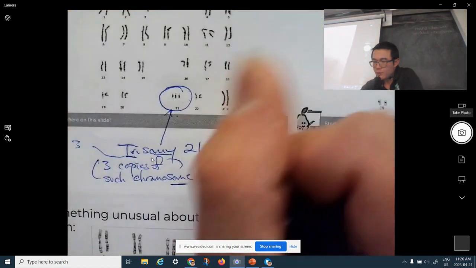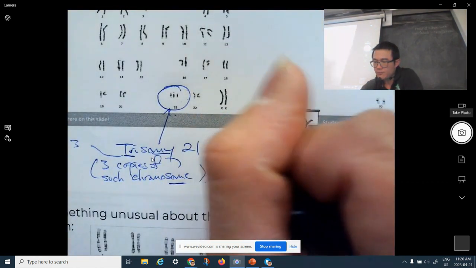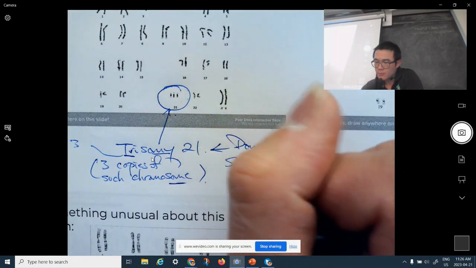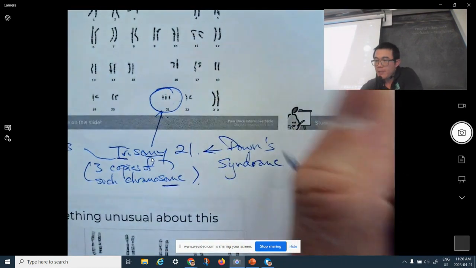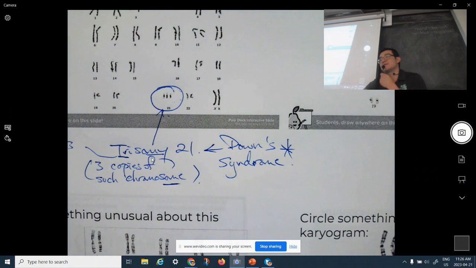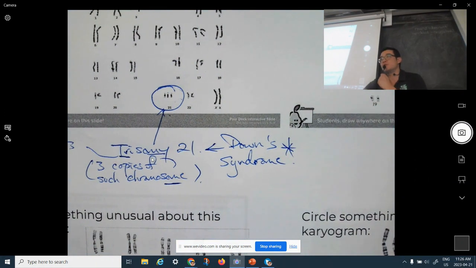Now, trisomy 21, that's Down syndrome. Make sure you know this one. If I test you on the test, trisomy 21, what's the condition called? Oh, it's Down syndrome.